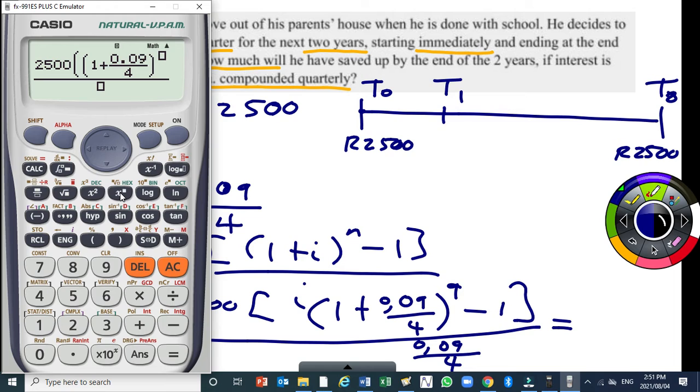Put the power option, that's 9. Then you subtract 1 from that result, and then you close the bracket again. Then we are now entering the denominator, which is the fraction. So the fraction option a second time, 0.09, then you divide that by 4, and you get that answer. You have to know your calculator.